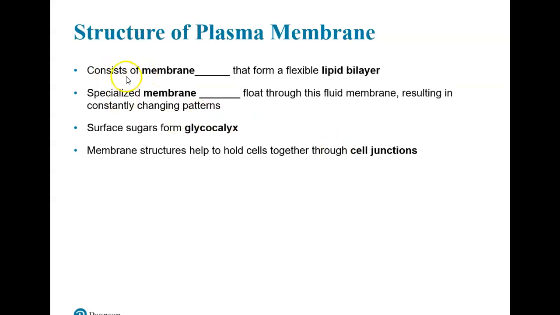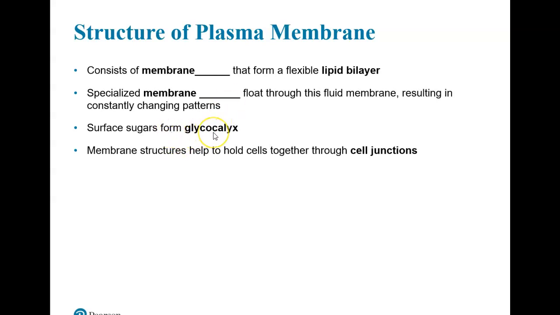Within the cell membrane, it consists of different structures like membrane lipids, which form the lipid bilayer. We have specialized membrane proteins, which float through this fluid membrane, which again gives it that constant fluctuating pattern known as the fluid mosaic.